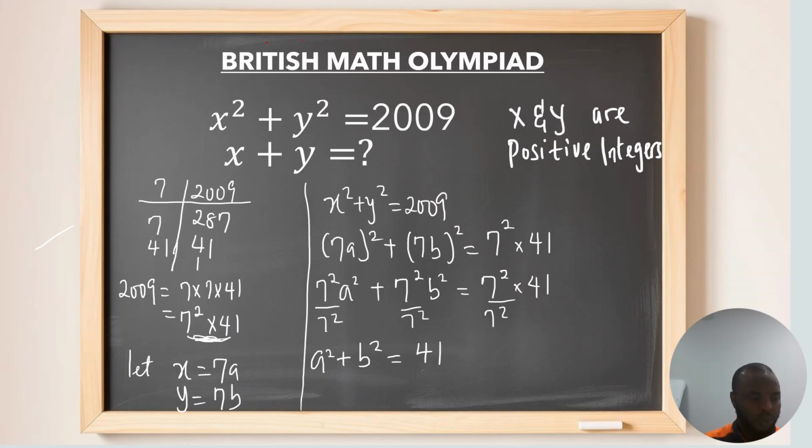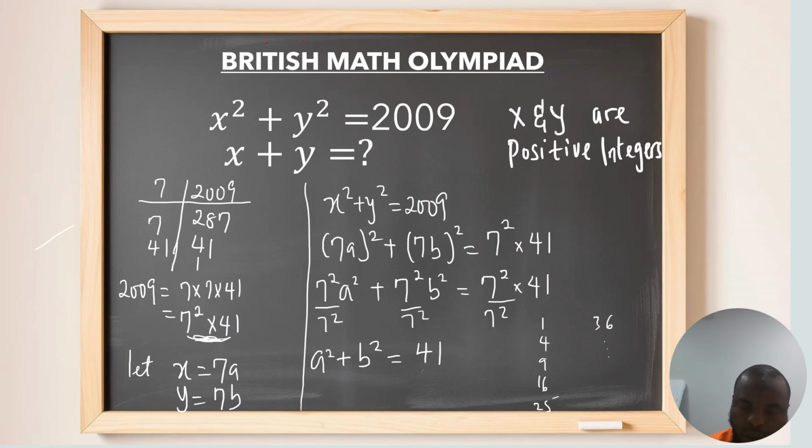Now, with this, we can simplify this further. By looking at 41, we want to show that a squared plus b squared equals 41. You can look at some perfect squares because this is squared. Perfect squares that we have are 1, 4, 9, 16, 25, 36 and so on.